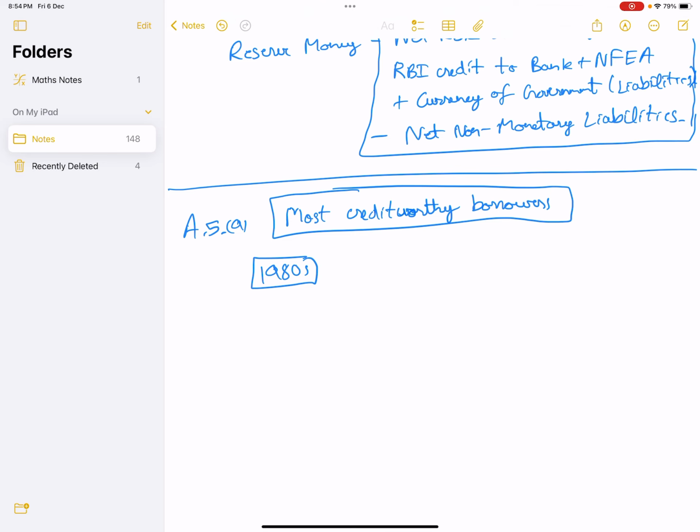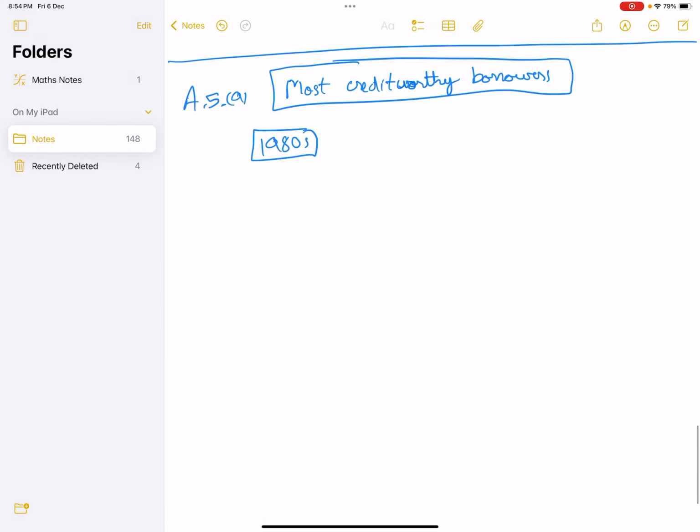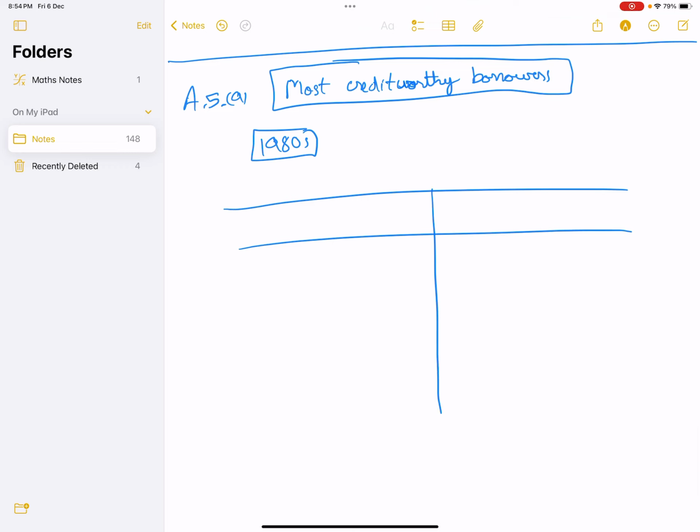Now you can draw a table because this shows a bit more sophistication. Prime lending rate, benchmark prime lending rate. So this is for most creditworthy borrowers. And now this rate, the prime lending rate, kept on varying.